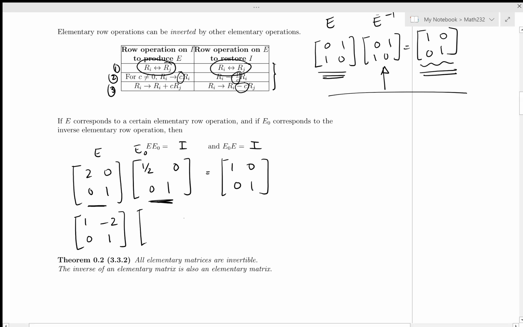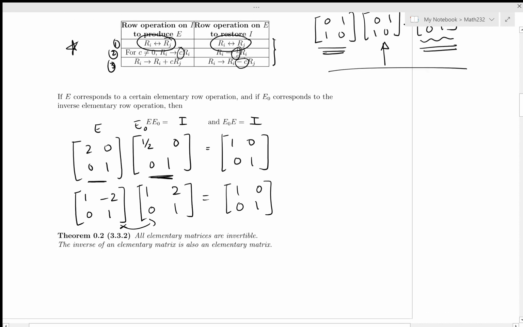So my instructions in my table here for how to undo that operation is to take the first row and add 2 times the second row. So now I'm going to go ahead and multiply these two matrices together. And what do I get when I do that? I get 1, 0, 0, 1. Okay, I get the identity matrix. So I'm back.